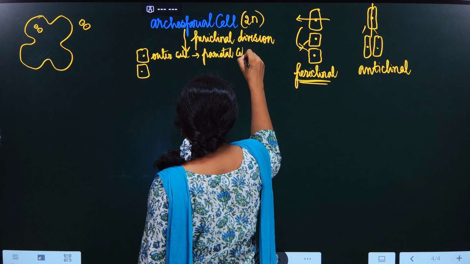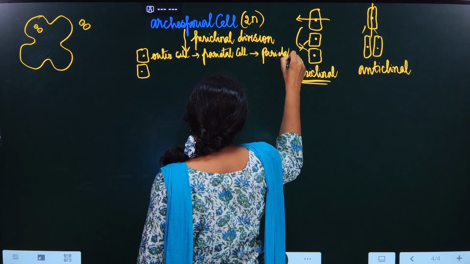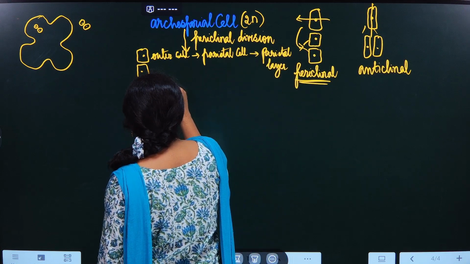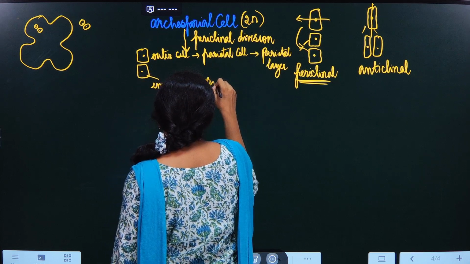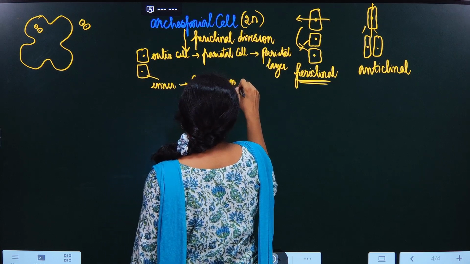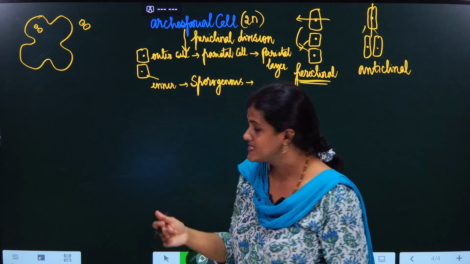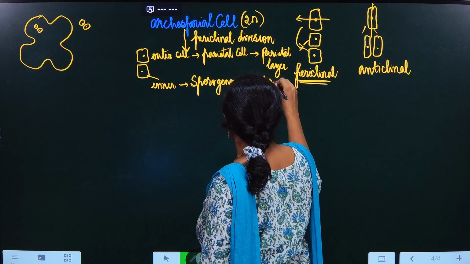Why is it called parietal cell? Because it is going to form the parietal layer. And the inner cell is known as the sporogenous cell, because it is going to continue dividing through mitosis to form the sporogenous layer.